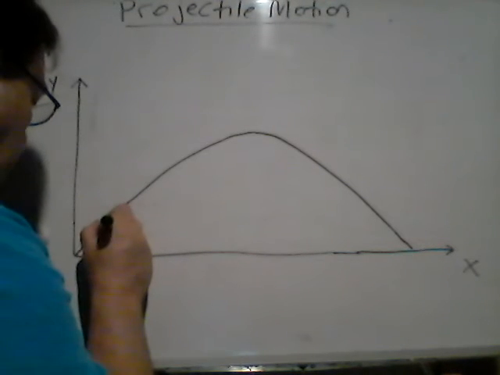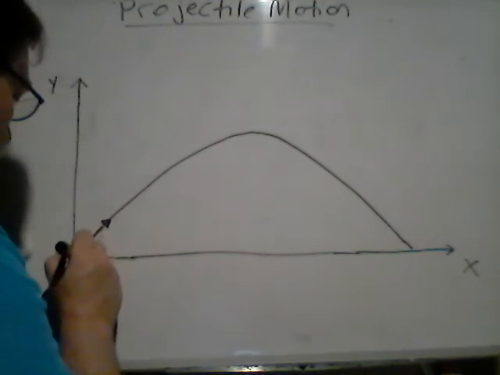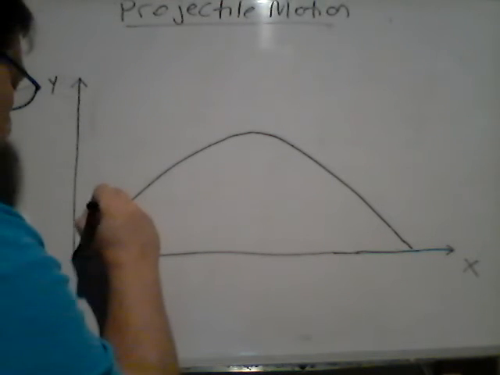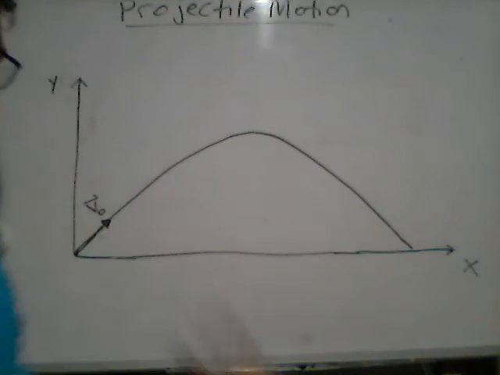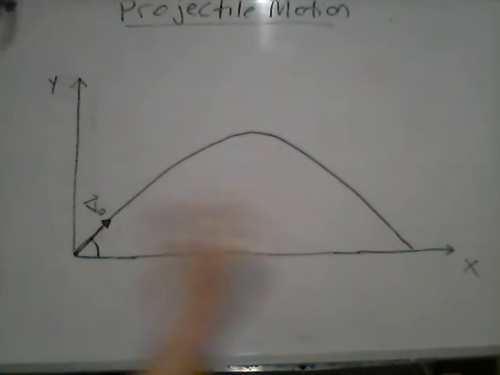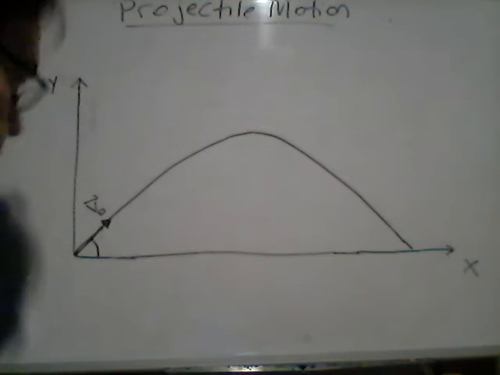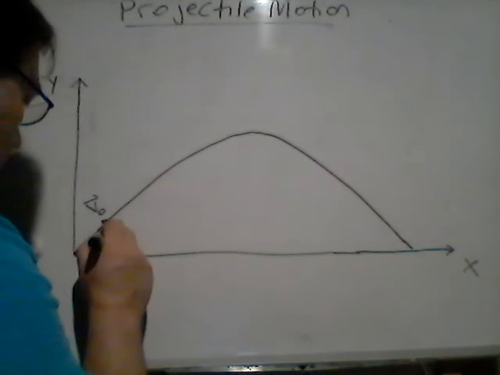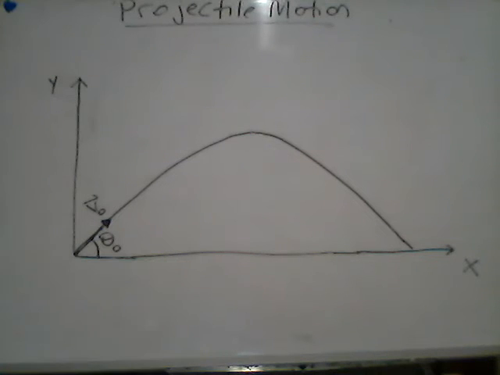There's going to be an initial velocity vector. And so we can refer to this as V naught, initial velocity vector. There will be an initial angle at which this projectile will be launched, and that'll be angle theta naught, right? And so that's the initial angle.